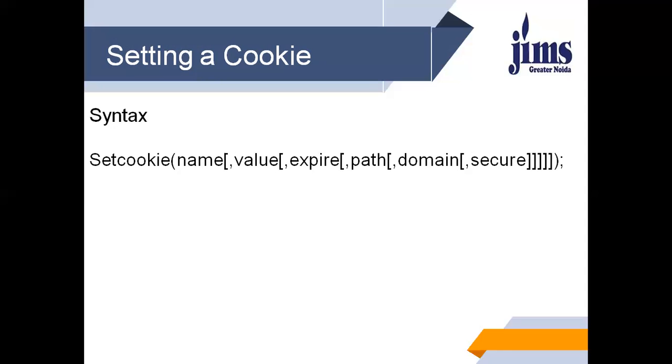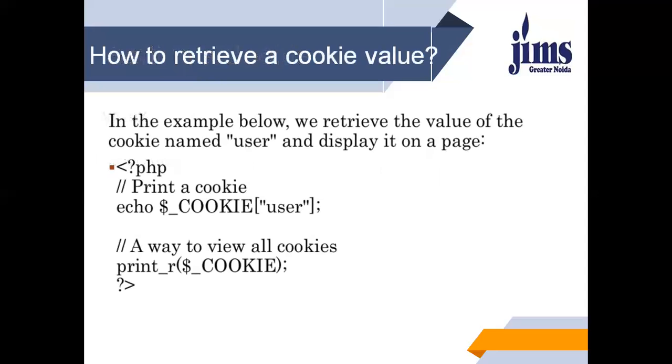So when the browser sends a cookie back to the server, you can access that cookie through the $_COOKIE array. The key is the cookie name and the value is the cookie's value field. So let's see an example of how to retrieve a cookie value. In this example, we retrieve the value of the cookie named user and display it on a page.